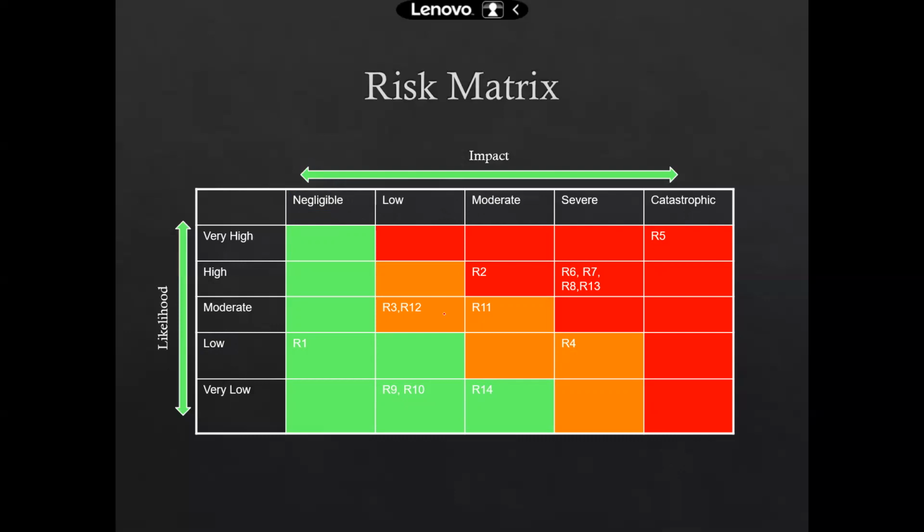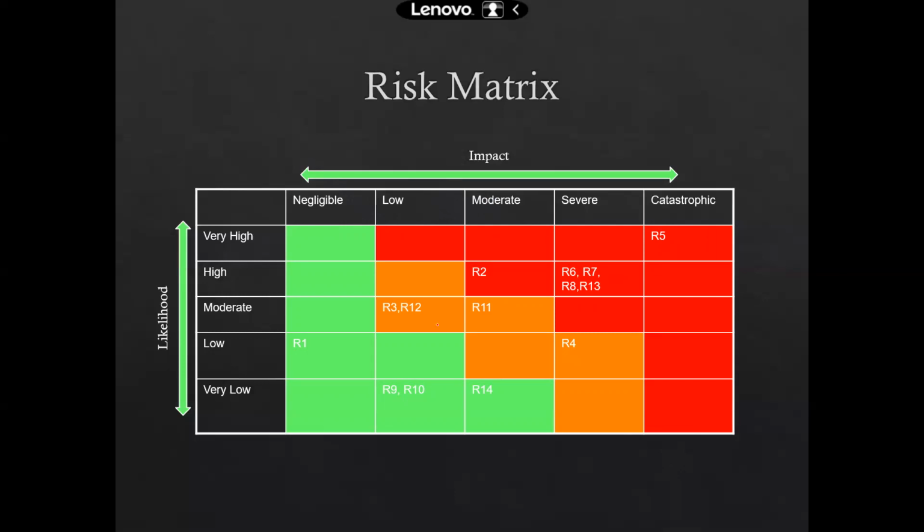So if I'm looking into this P&I matrix, and if I'm looking into this scenario, R5, R6, R7, R8, R13, and R2 need to be dealt with first, because they can prove to be, especially R5, very high risks, and they have to be dealt with as soon as possible.